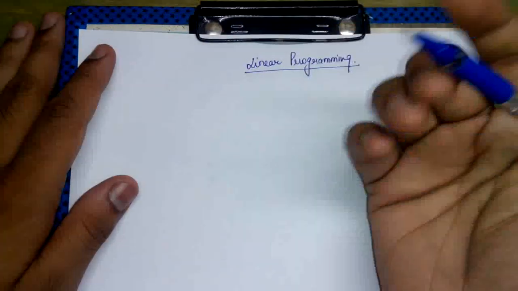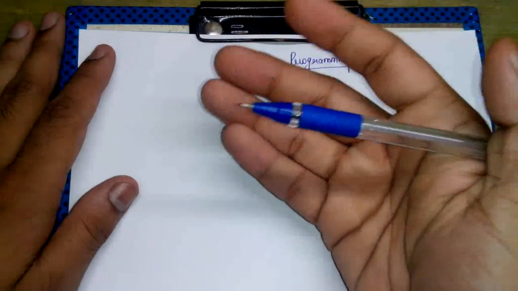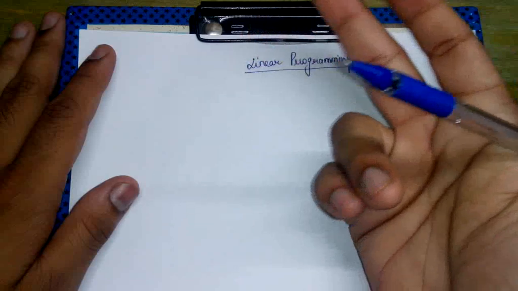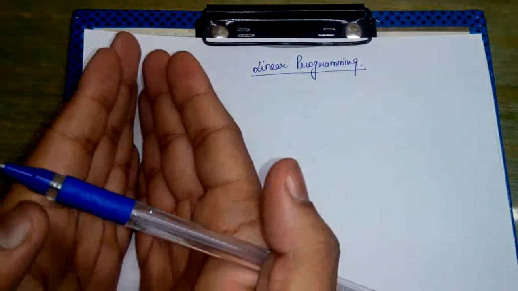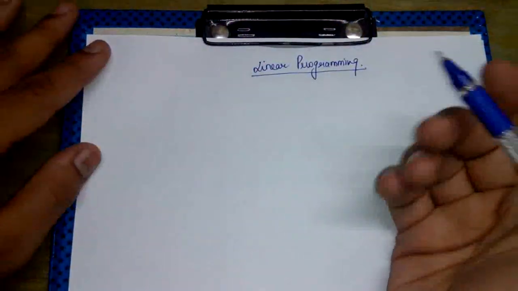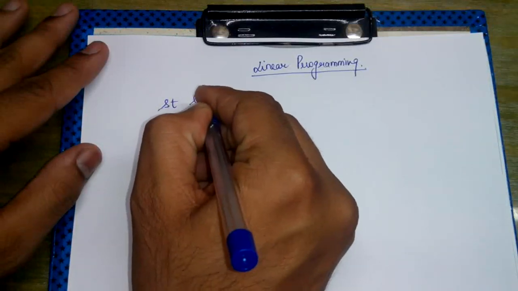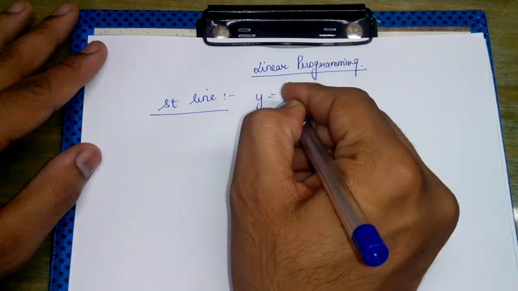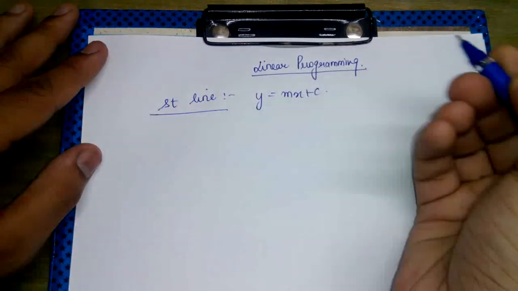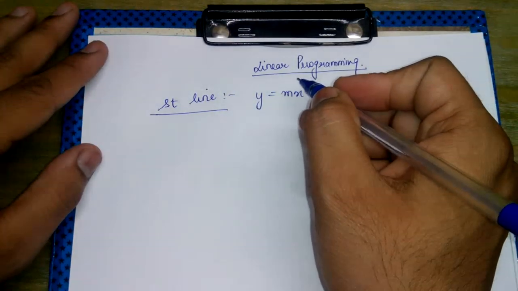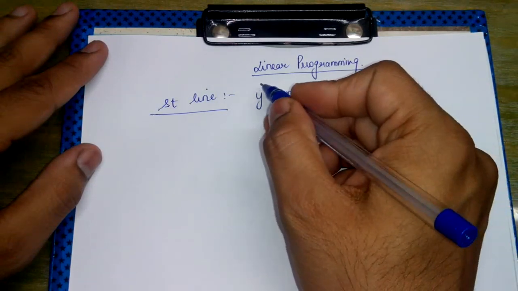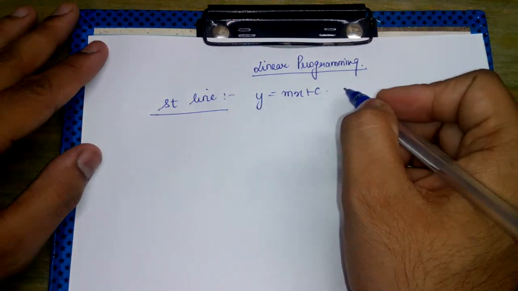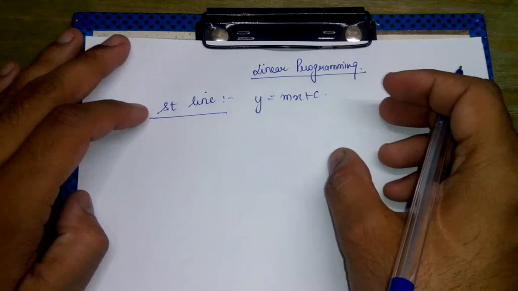So it is a mathematical technique, and the term linear is actually used for the variable, and it simply means that the relationship between the variables can be represented in the form of a straight line, that is y equals mx plus c, where c is the y-intercept, y is the ordinate, x is the abscissa, and m is called the slope of the line.